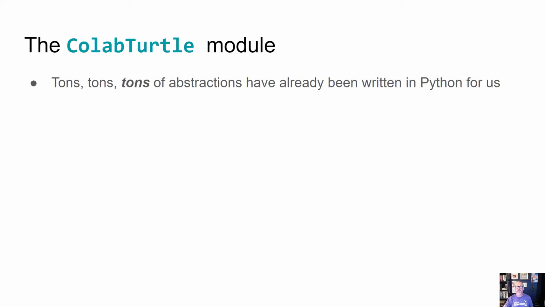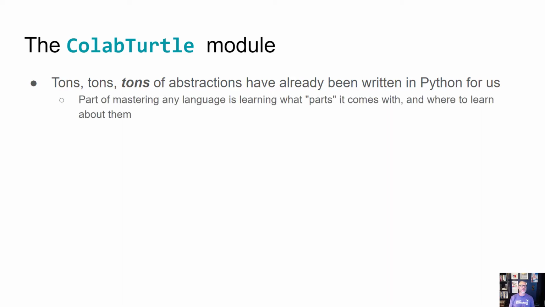There's tons of stuff that's already been written in Python for us. And it turns out, in fact, that part of mastering any programming language is learning what parts it already comes with and where to learn more about them. So if we think about Python as our toolkit in general, Python just has tons and tons and tons of tools up on the wall on pegboards.